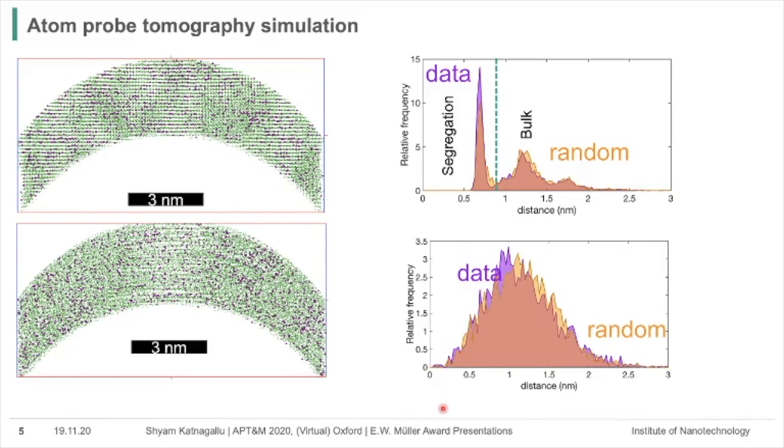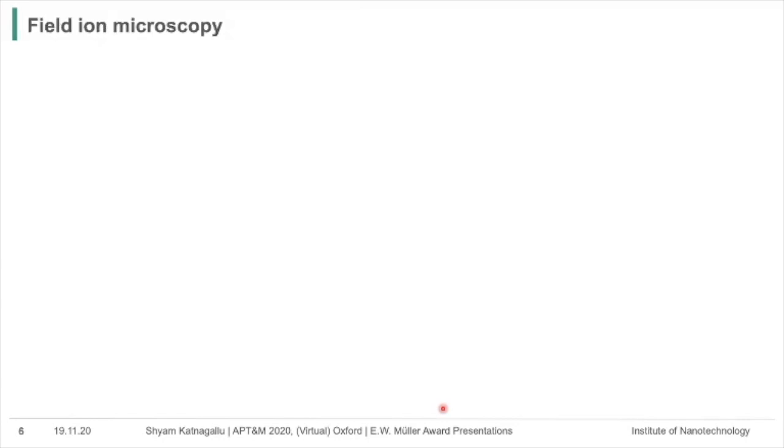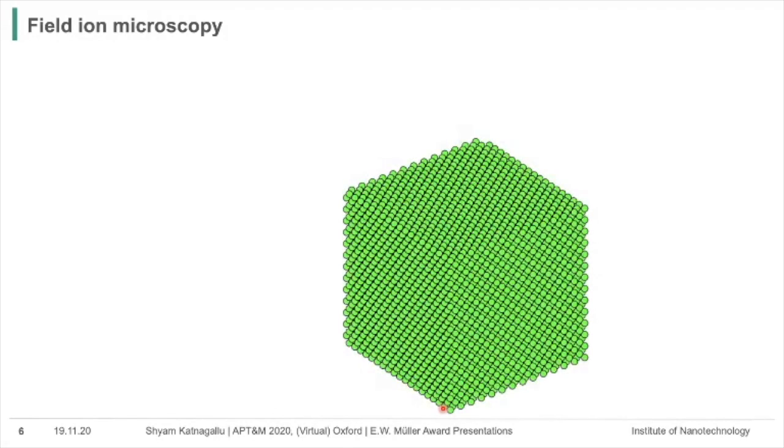So in order to confirm experimentally that rhenium actually segregates to the defects, we did field ion microscopy. Field ion microscopy is a predecessor technique to atom probe tomography. Again, similar to atom probe tomography, we usually make a sharp tip out of our crystalline materials.